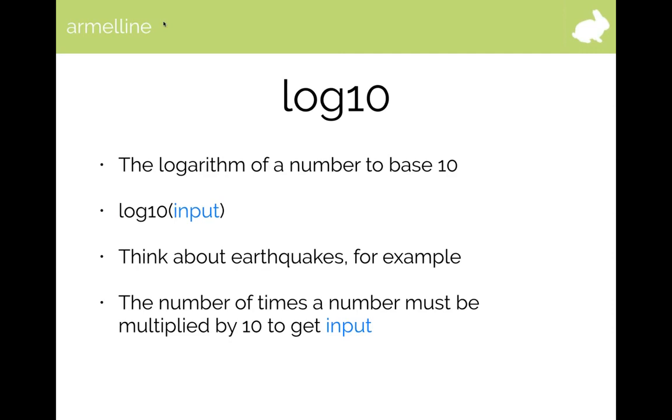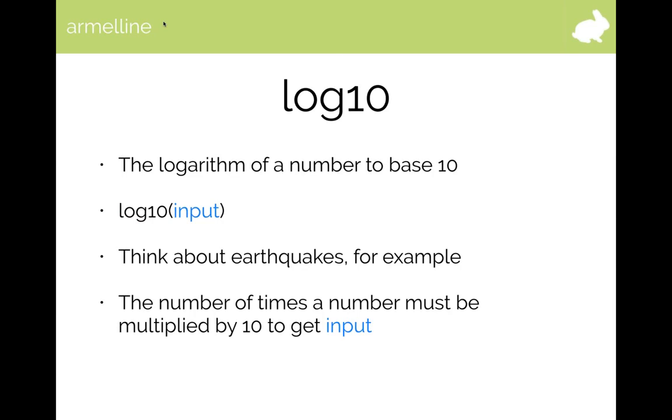If we have an earthquake of 1, you're barely going to feel it. But an earthquake of 2 is going to be 10 times as strong as the one at 1. And an earthquake at 3 is going to be 10 times as strong again, so 100 times as strong as the one at 1, and 10 times as strong as the one at 2.